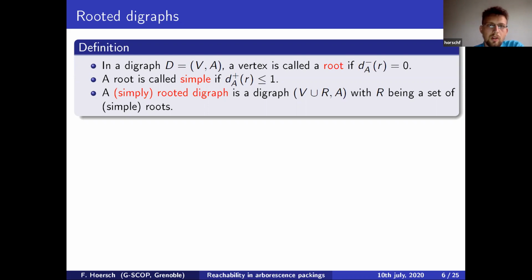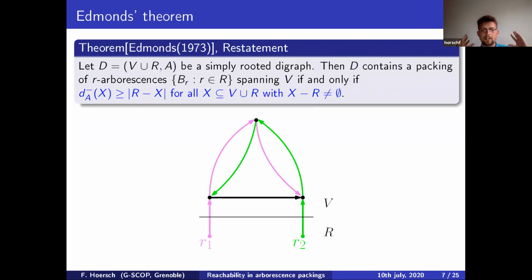Okay. So now I can restate the second theorem of Edmonds in the following way. Now what I do is, for every arborescence I have, I add a root, and I add an arc from that root to where the original arborescence was supposed to start.